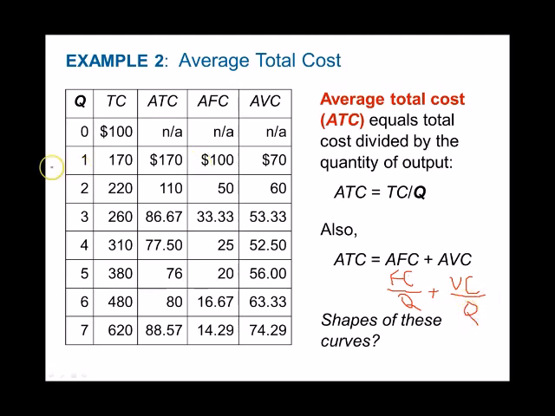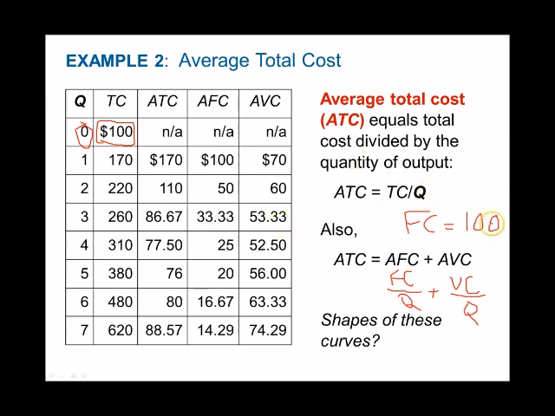So in this case, even if we're producing 0 units, we still have a total cost of 100. So that means that our fixed cost is 100, because even without production, we still have to pay that amount as, let's say, rent.